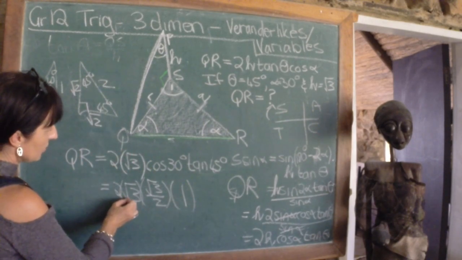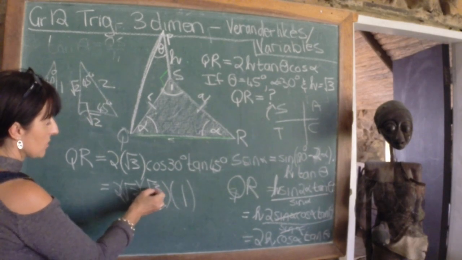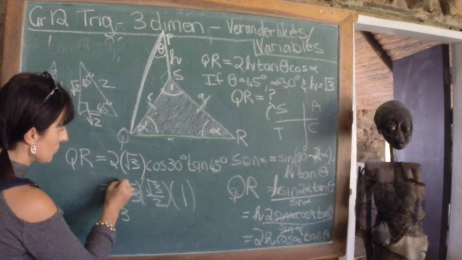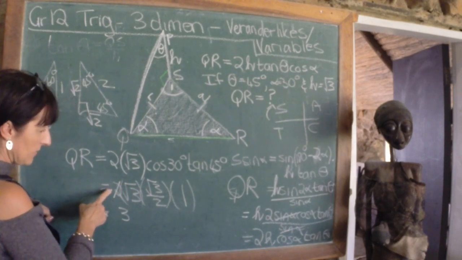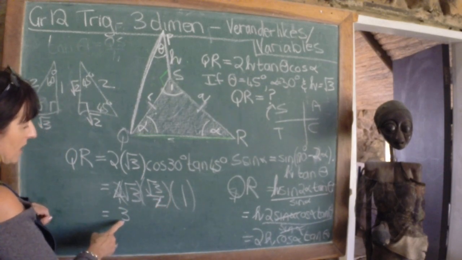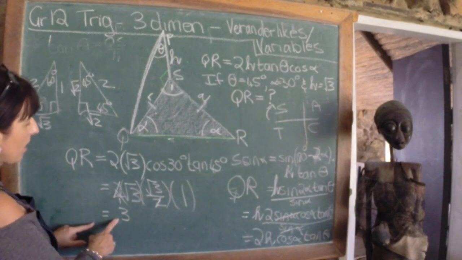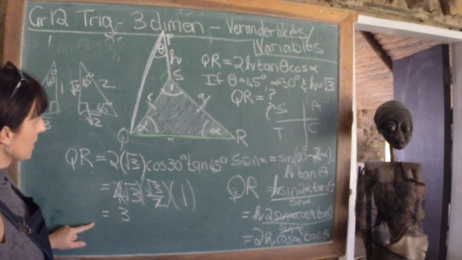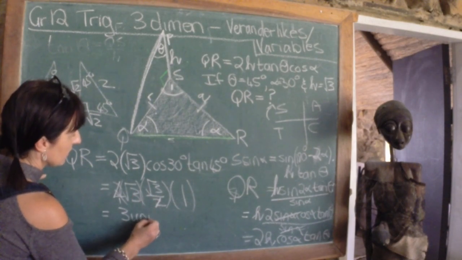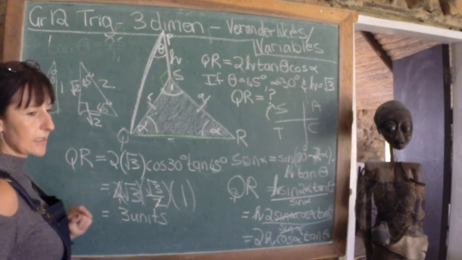So now root 3 times root 3 gives me 3, the 2's can cancel, the one is at the top, the other one is at the bottom. So ek het 3 maal 1, and my answer of QR will be 3, and because there are no units, I'm not going to write units, eenhede.